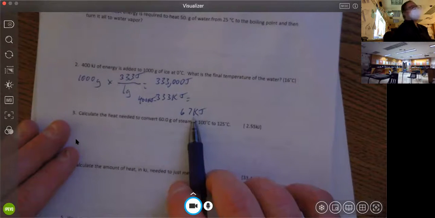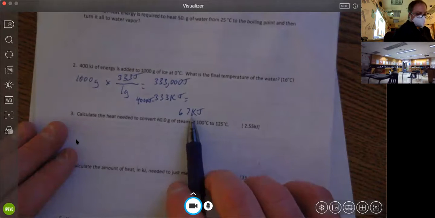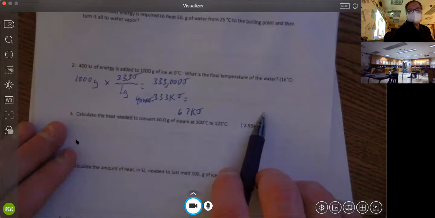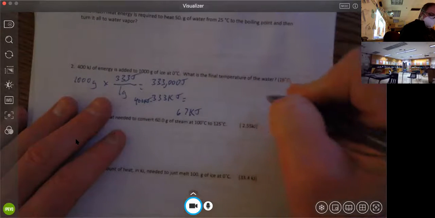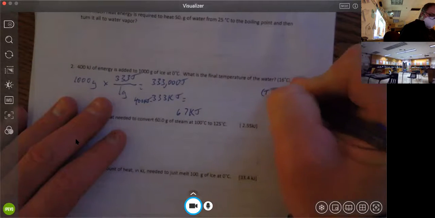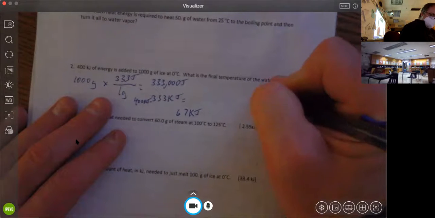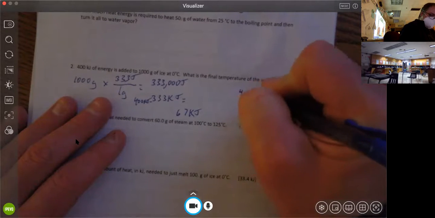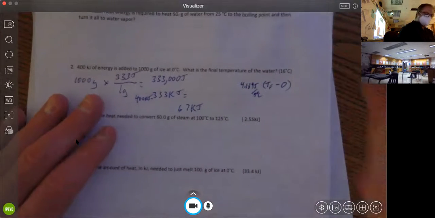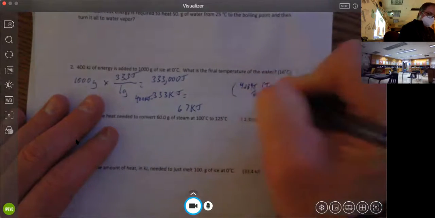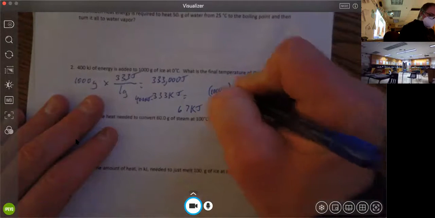So that's the amount of energy we have to change the temperature of the water from 0 degrees up to wherever it goes. So we know the initial temperature is 0. The T of F is what we're looking for. We know that 4.184 joules per gram degrees Celsius is the specific heat capacity of water. And we know that we have 1,000 grams of this stuff.